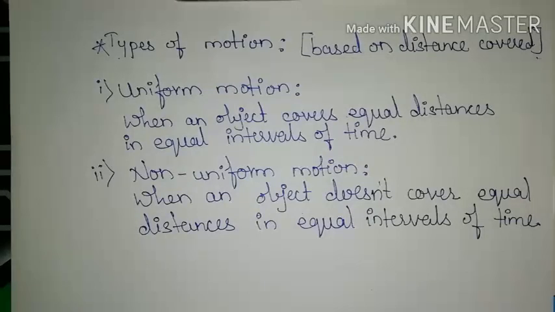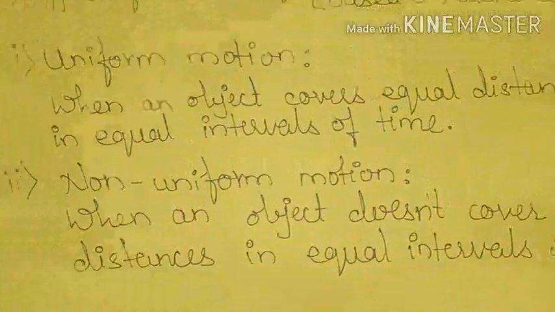For example, in your day-to-day life, every vehicle that you travel in exhibits a non-uniform kind of motion, whereas the pendulum of a clock or the minute hand or second hand of a clock exhibits uniform motion. They are the best examples to describe these two kinds of motion.